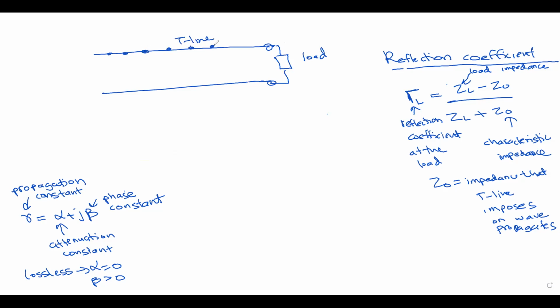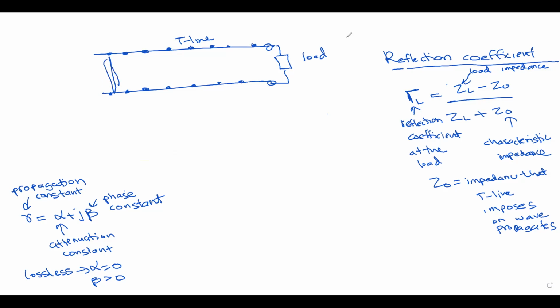Okay, so at each point in this line, we need to know the impedance. In order for us to find that value, we use a certain equation, right? So the impedance that we see, for example, at a certain location in the transmission line, we denote as the impedance seen across these two conductors.